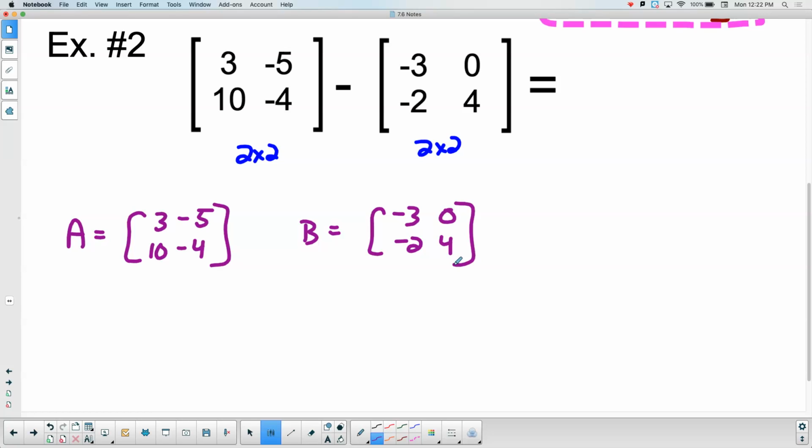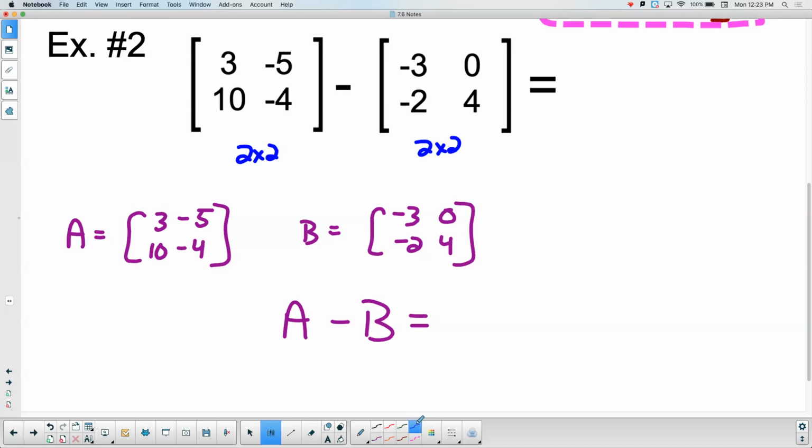I might give you 5 or 6 matrices at the top of the page, and they're all going to have names, and then I'm just going to say, in this case, A minus B. Or later on when we get to multiplying matrices, it could be A times B minus A, or something along those lines. That way you don't have to keep rewriting matrices all the time. I can make 7 problems out of just having 4 matrices all up at the top.